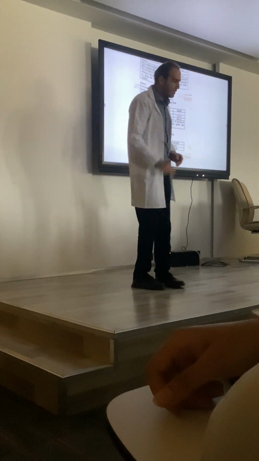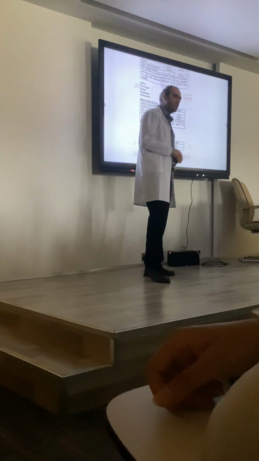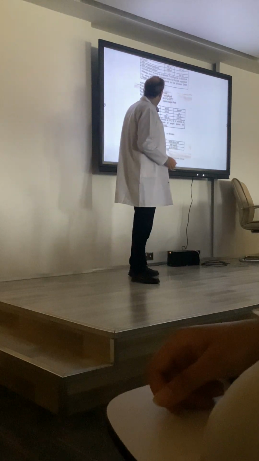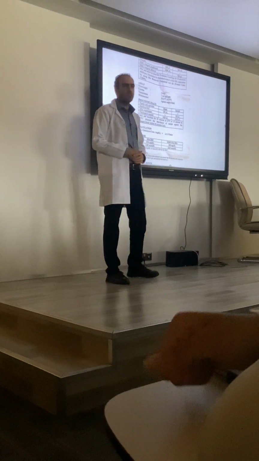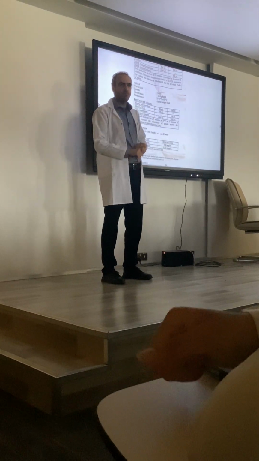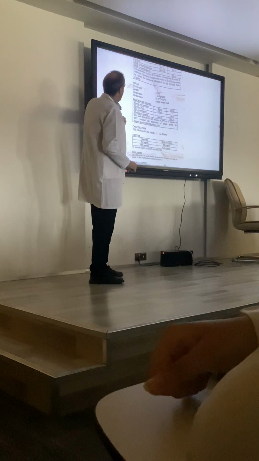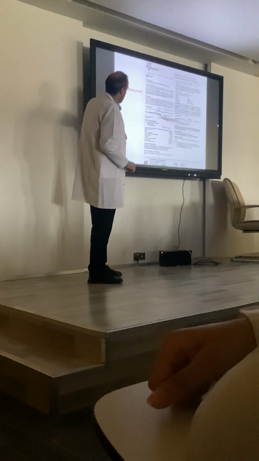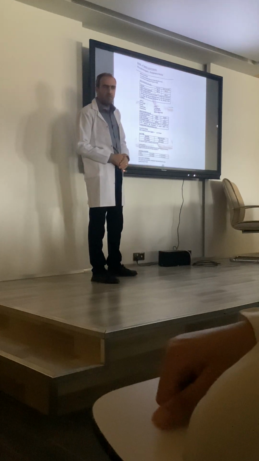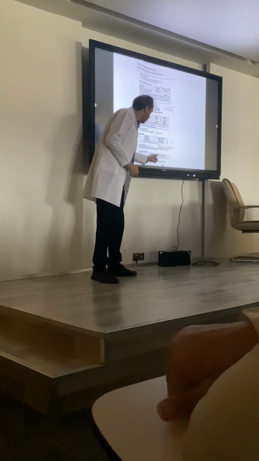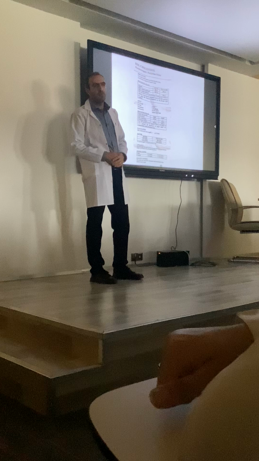So the absorbance multiplied by 320 gives you what? The HDL cholesterol concentration in milligram per deciliter. And the normal range for male is more than 55, for female more than 65.